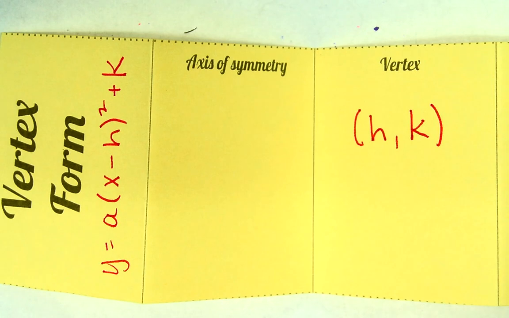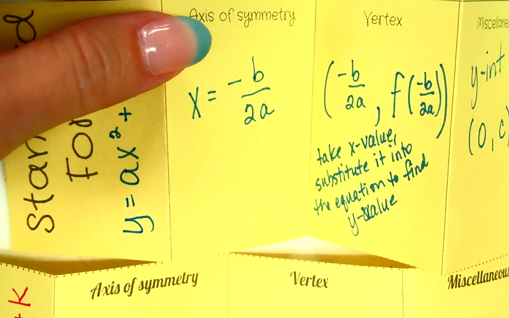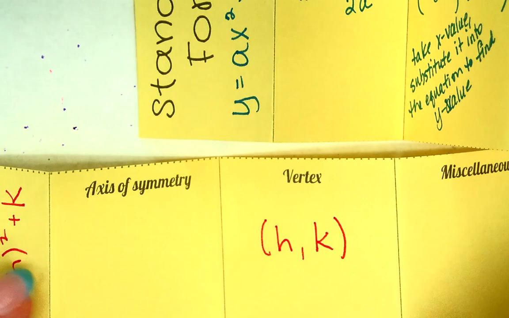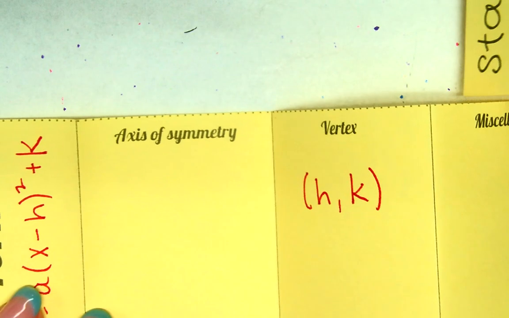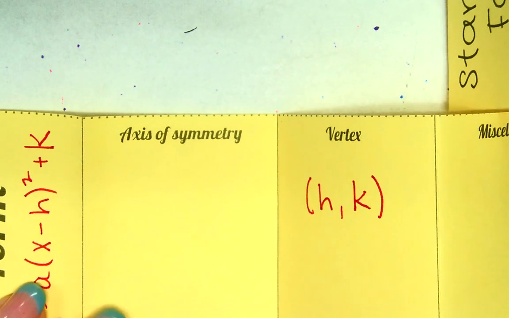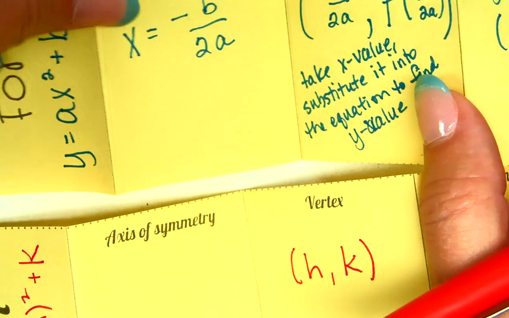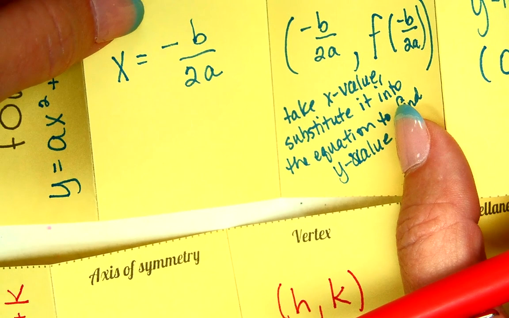So knowing what we discussed about standard form, can you tell me the axis of symmetry in vertex form? How do those two compare?